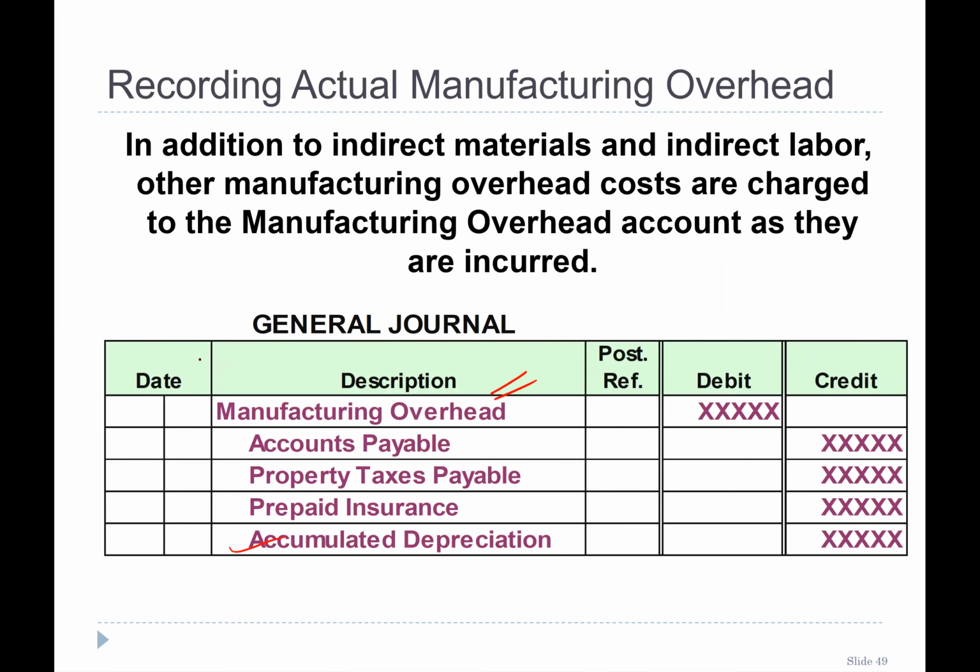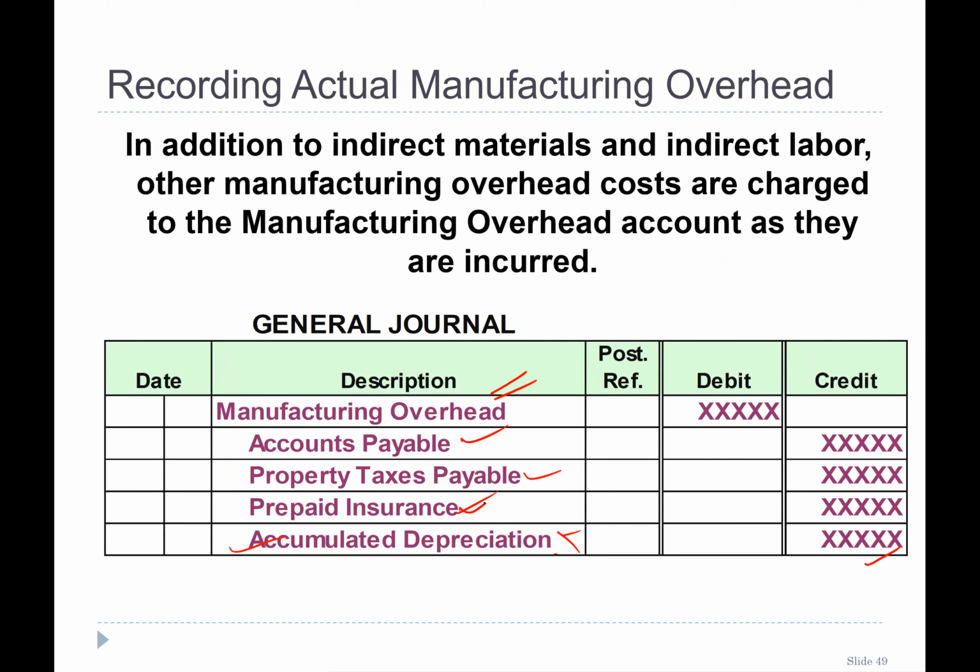Like insurance, like others payable that are charged to manufacturing overhead, insurance, depreciation, right? So accumulated depreciation will increase because this is the contra account of asset. So when an asset increases, it is debit, but when accumulated depreciation increases, it means credit. So don't get confused with this one. This is accumulated depreciation, which is the contra account of assets.